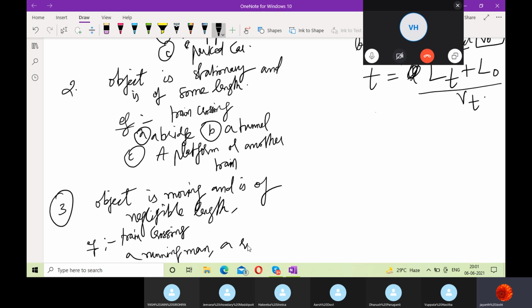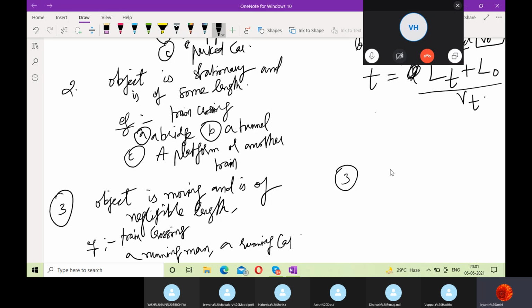a running car. Okay. So what would be the formula you should apply for this? So the question would be, find the time taken by train to cross a man who is walking or who is running, or a car which is running.